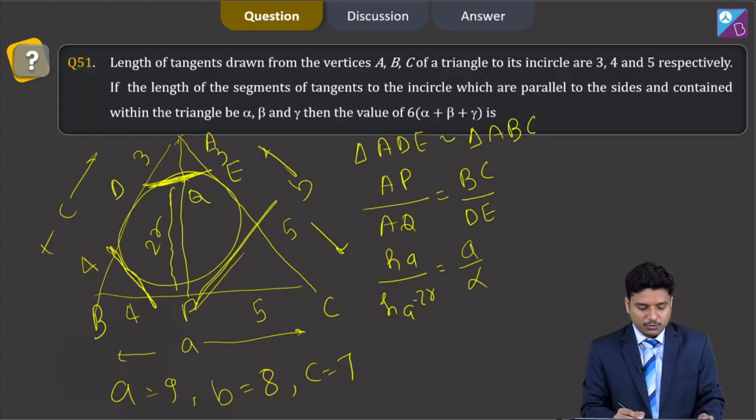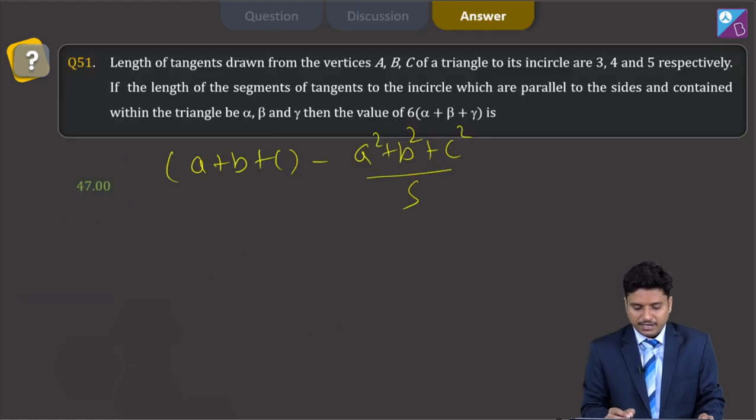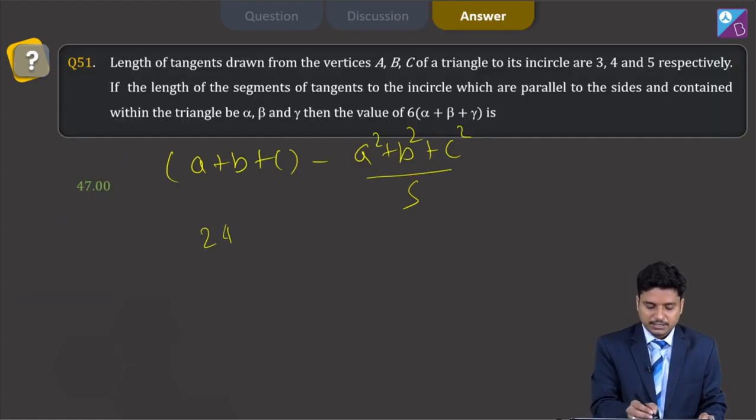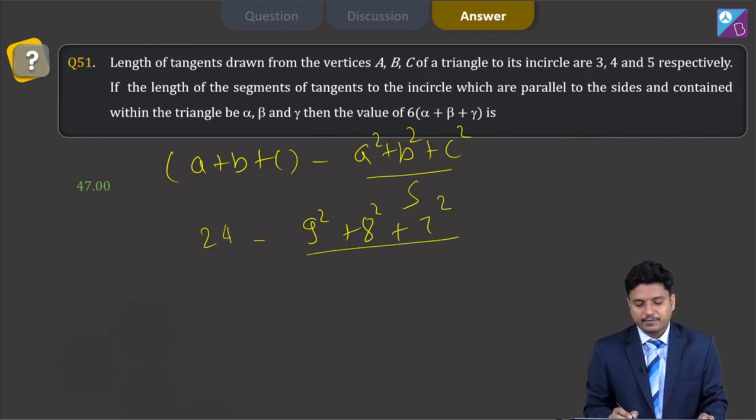So A, B, C are known. A, B, C are what? 9, 8 and 7. So A plus B plus C is how much? It is 24. So 24 minus 9 square plus 8 square plus 7 square, divided by S, which is again 12.